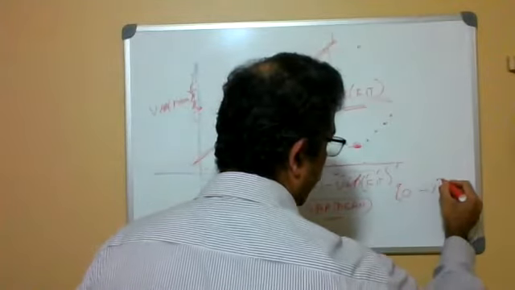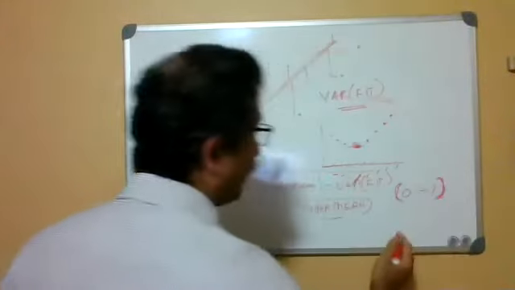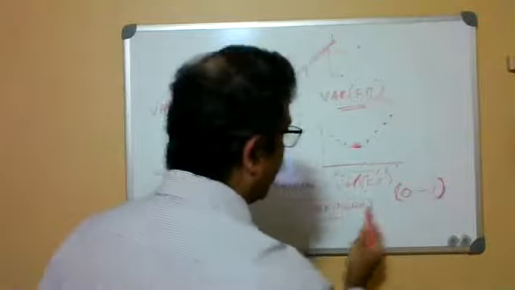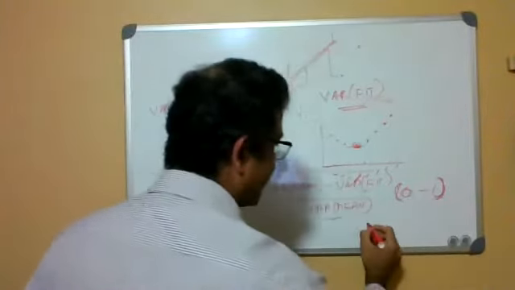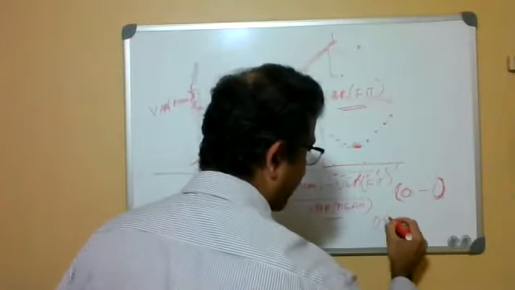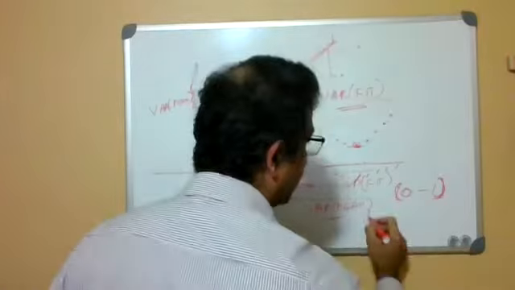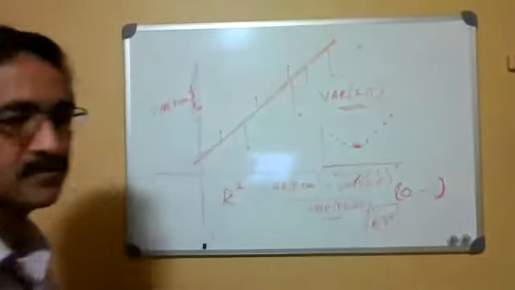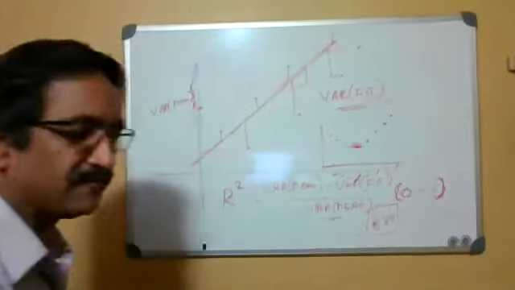It's never going to be negative, but the closer it is to 1, say you get 0.89, that means the fit is pretty good. If it is say 0.60, it's not that very good.